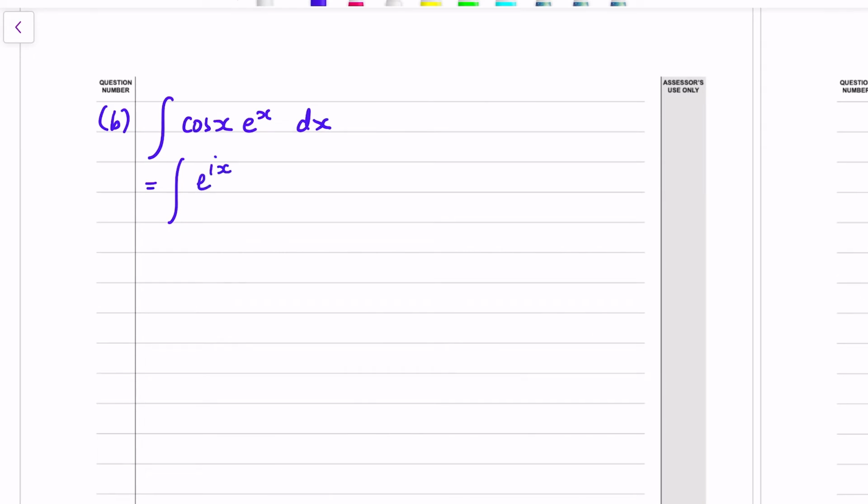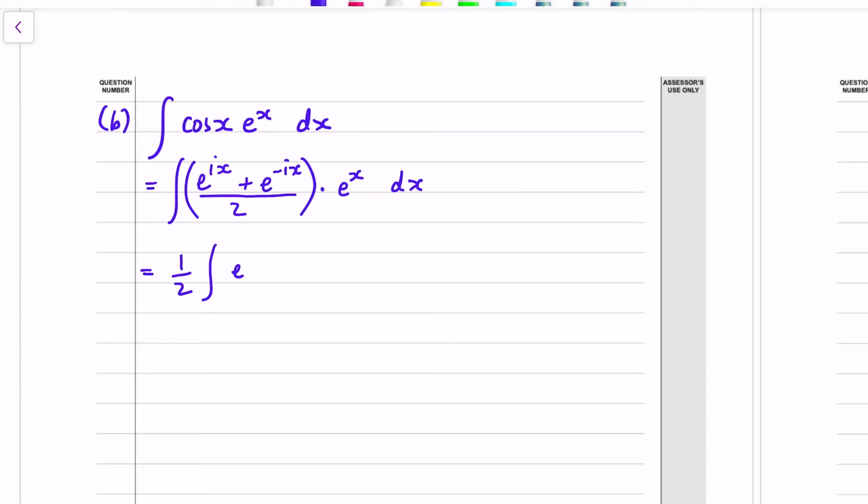Except we're dealing with x's now. x is our variable, so we use x. And then I want all of that to be multiplied by e to the x. So we use our knowledge of how powers work. We can pull the half out the front of the integral.